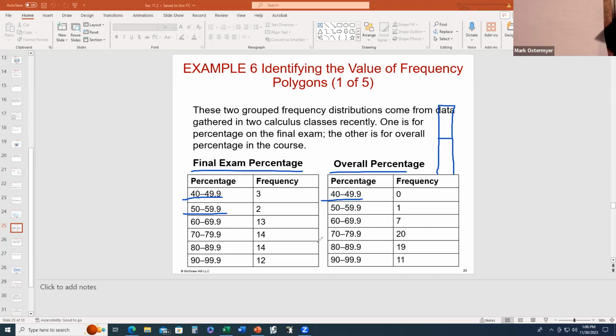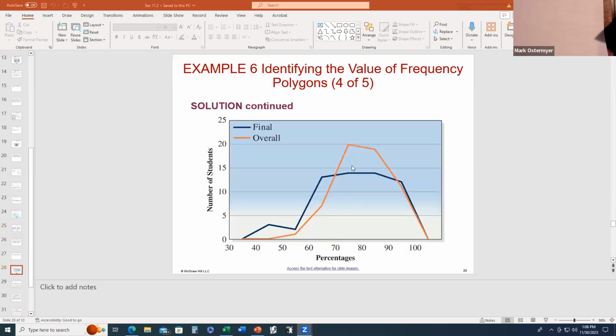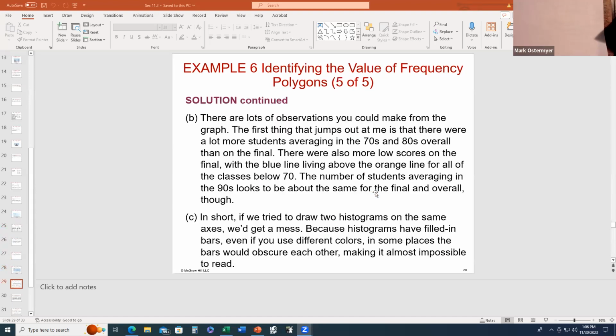So it might be better that they've constructed a dual frequency polygon graph for this situation, as opposed to a dual frequency histogram. I'm not saying it's not possible, but like you said, it probably would be a little bit messier. For that reason, you might want to just go with something like this. It's easier to compare and see the differences and similarities.